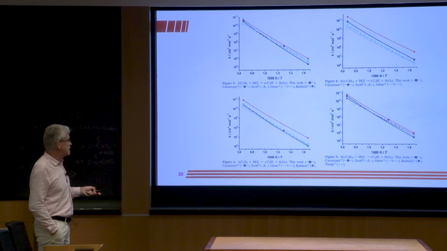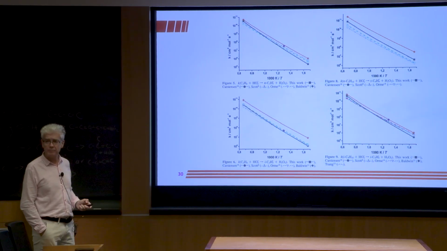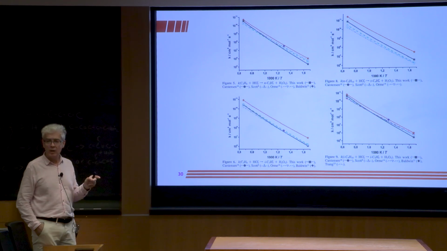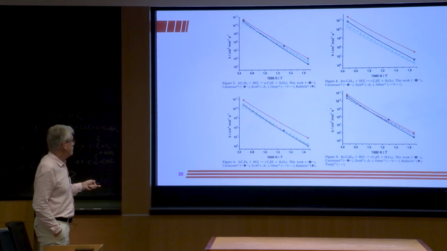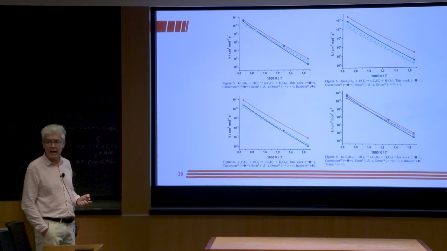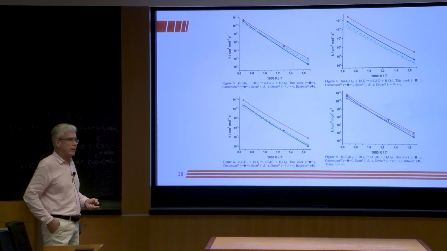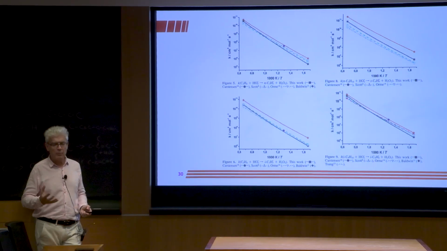And again, this is primary, and you can see that they're actually closer than we were for the primary. And actually, for the primary, we've gone closer to them. But for secondary and tertiary, we've stuck with the rate constants that we have over the years. But again, that isn't the point of this.